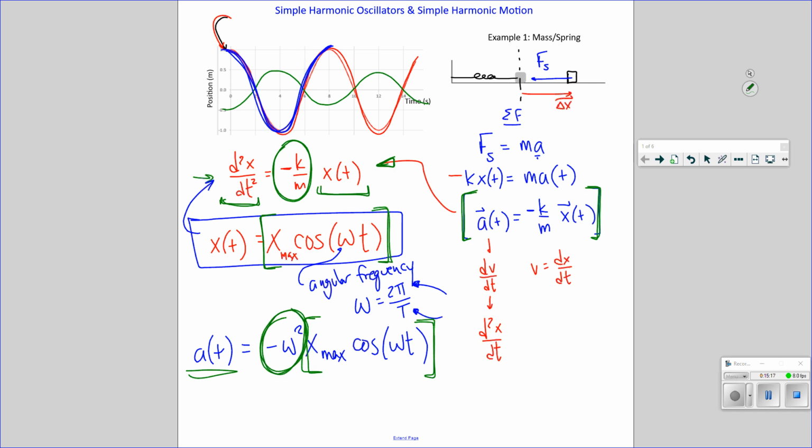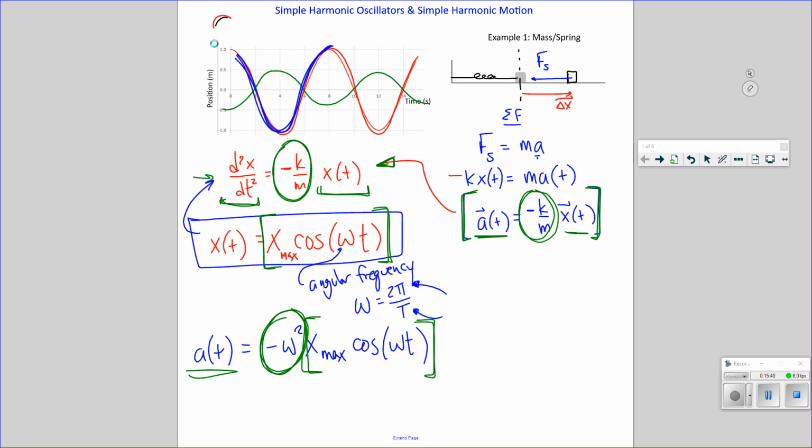That's what we said here. The acceleration function is a negative constant times the position function. So we have proven that the function that describes this oscillator's position as a function of time is a cosine slash sine function. In this case, a cosine because we said it started at a big positive.